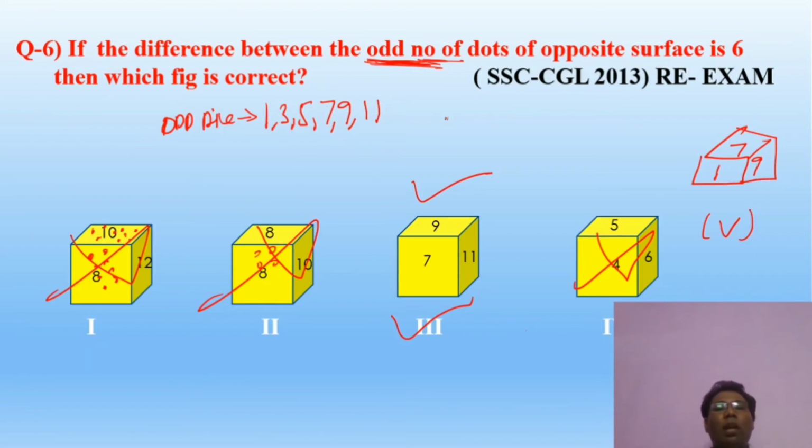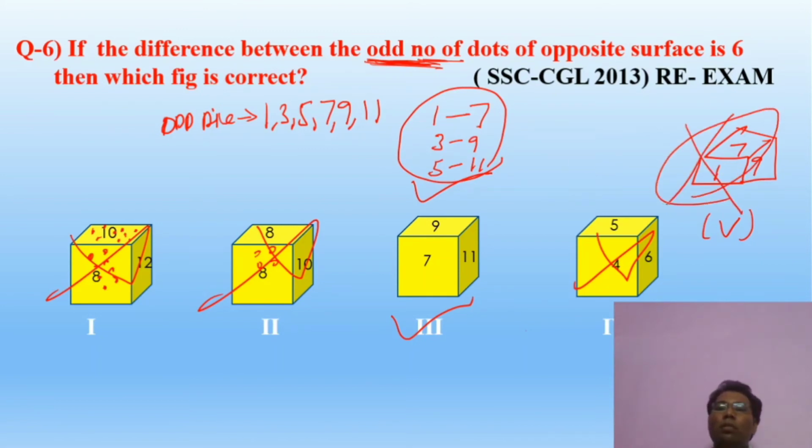Okay, and the difference is 6, so opposite to 1 is 7, opposite to 3 is 9, opposite to 5 is 11. This is the solution. So 1 can never be opposite to 7, so this is wrong, and this is the correct answer in that case. Okay, let's check the answer. Answer is the third one.